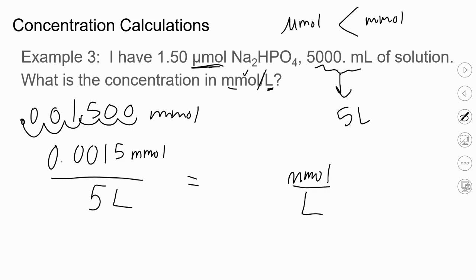And what did you get for this? 0.0003. Okay, and then how many sig figs should we put on this? 3. So this has 1, so we're going to put 2 zeros after it. That's so silly. It is. That's true.